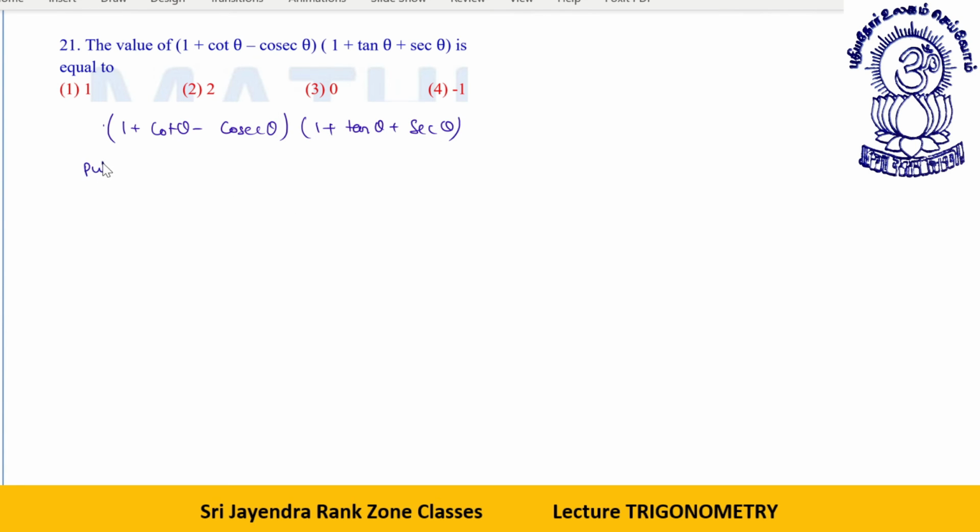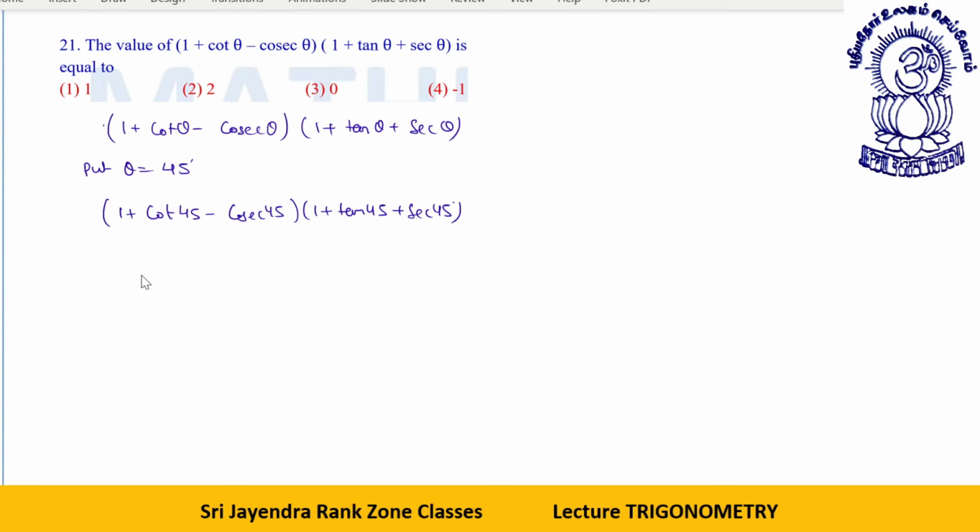What I'll do, I will put theta is equal to 45 degree. Let's see what happens if I put theta is equal to 45. 1 plus cot 45 minus cosec 45, 1 plus tan 45 plus sec 45.